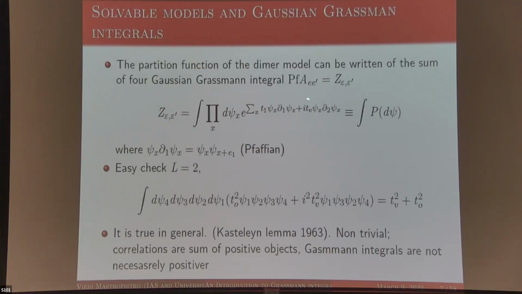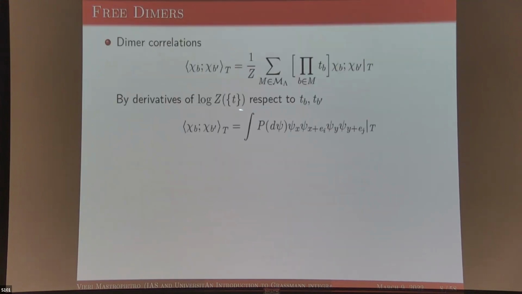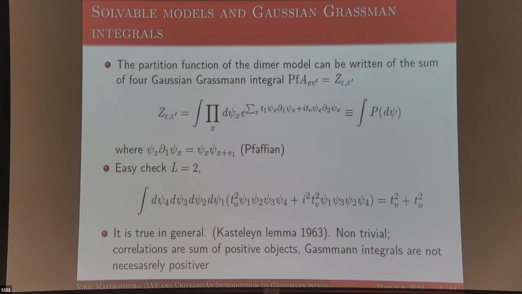I'm using this sort of probabilistic notation, even if it's just names, okay? Then you see everything is very exact. Maybe there's a coefficient here, but it's just exactly these truncations. So the dimer correlation is simply the integral over this measure dψ of this product of ψ. It's just algebra. And this measure dψ is this.